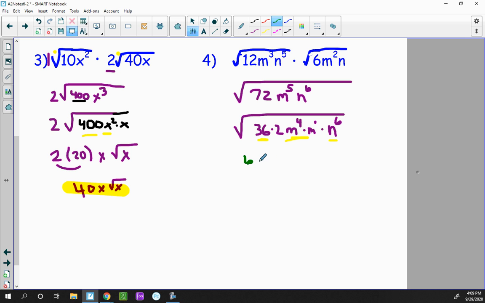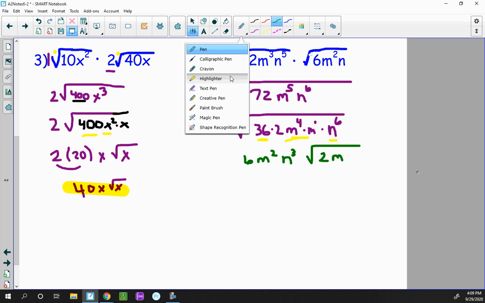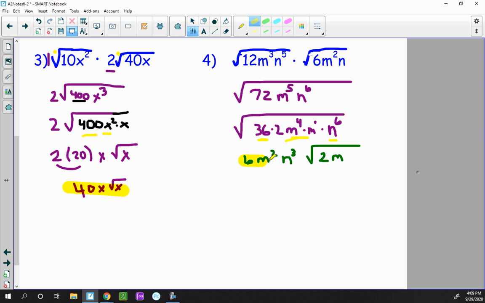The square root of m to the fourth is m to the second. The square root of n to the sixth is n to the third. And then we've got that radical, and then we're left with a 2m. And that should be your simplified answer.